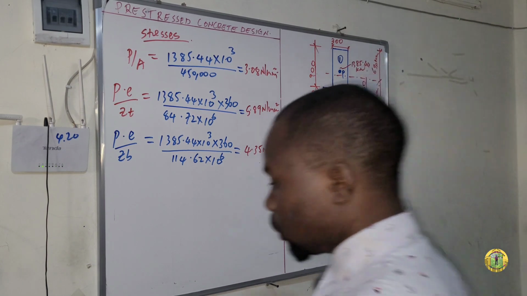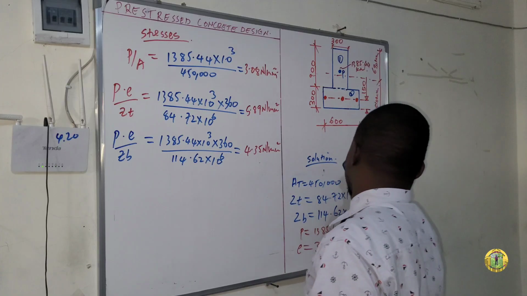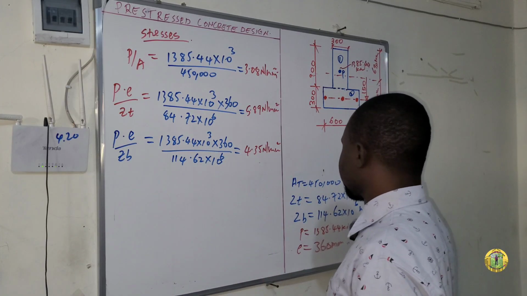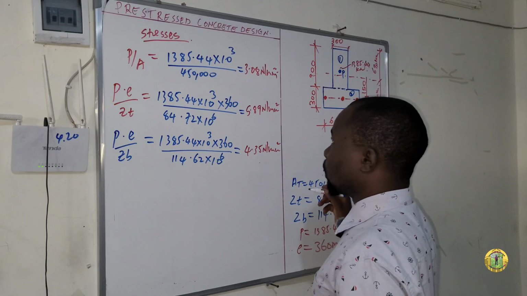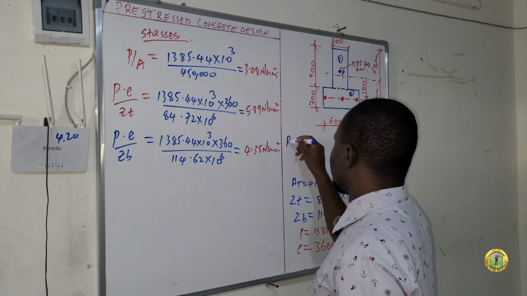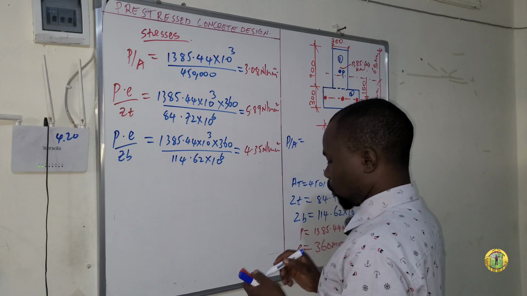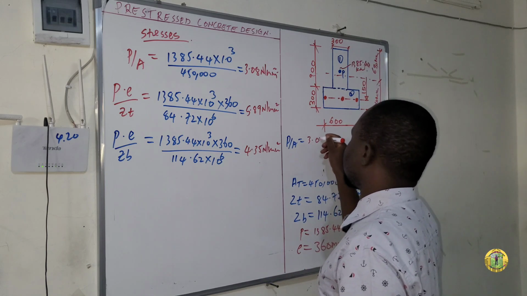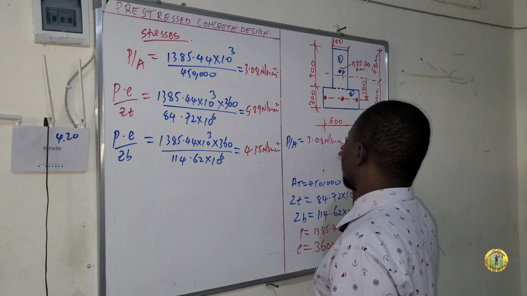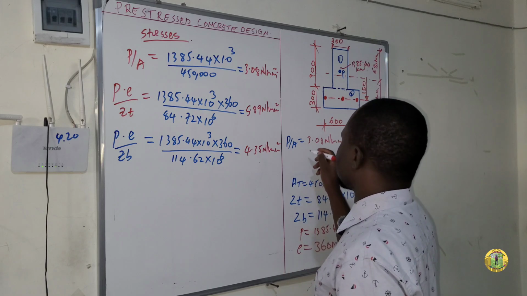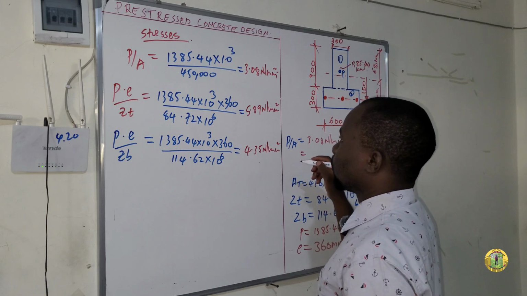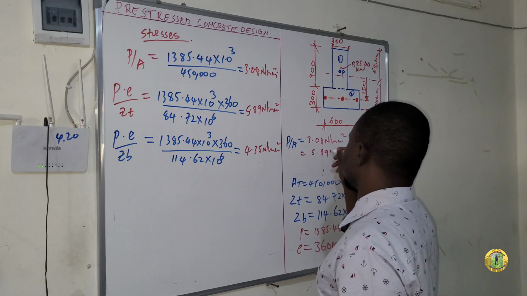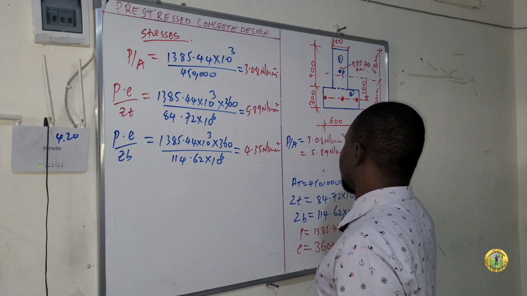So I want to add another piece of information here. We have P over A equal to 3.08 Newton per millimeter square. And then we have PE over Z top, 5.89 Newton per millimeter square.